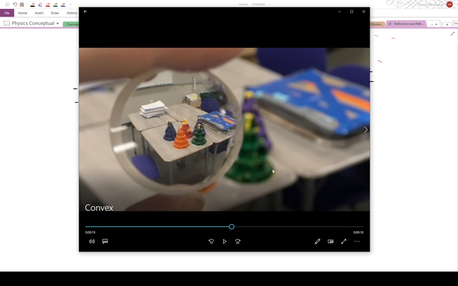People use this kind of stuff in grocery stores, where you'll use a convex lens to get more of the view than normal. Like if you look at some security cameras, they'll have a really wide view, whereas if you went and stood there, you wouldn't actually see everything that camera is seeing.